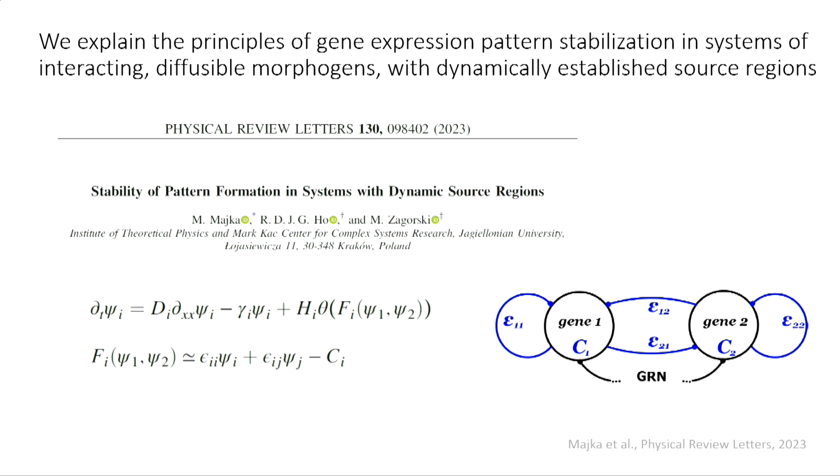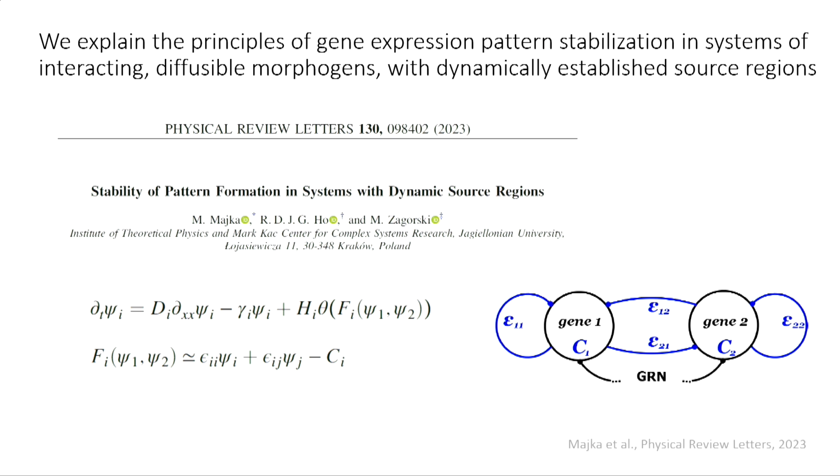And this Fi marks the gene interactions in a linear fashion, where epsilons, if positive, mean activation, and if negative, mean inhibition. The C is the threshold of activation that is additionally imposed by a larger network in which this motif can be embedded. We try to stay as general as possible, saying that the C can be either positive or negative.